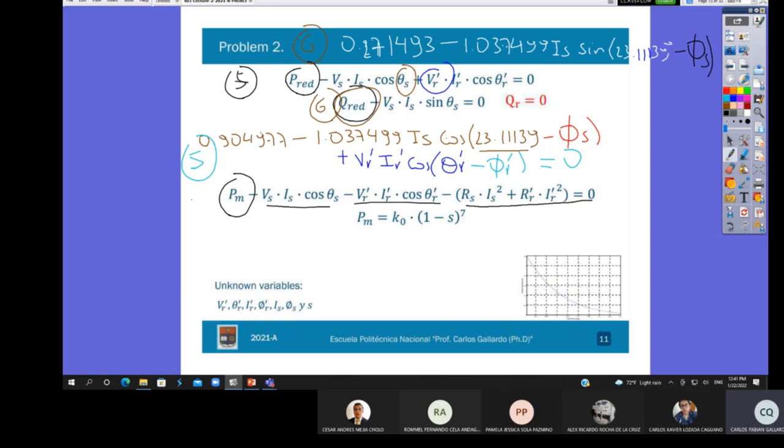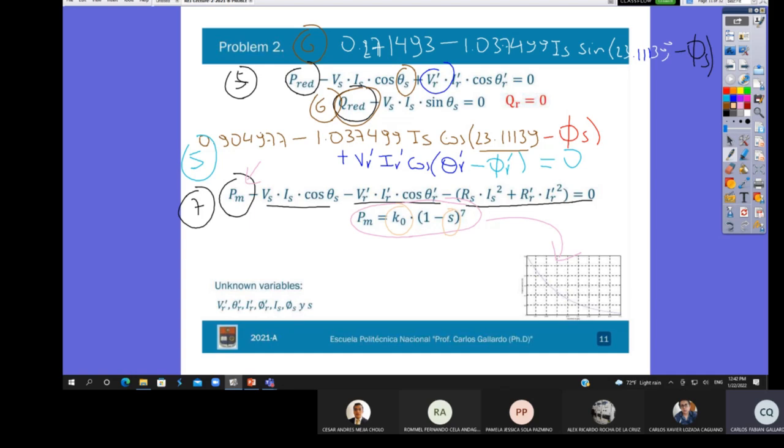So with this, I will have 7 equations, but let's make a loop in this equation. I will have one more unknown, so this is 8 unknowns and I have only 7 equations. Therefore, I will use this approximation: the mechanical power is equal to this constant, which comes from the manufacturer. This is a design constant of the machine, times 1 minus the slip to the power of 7.